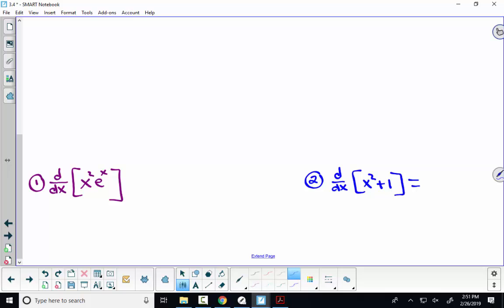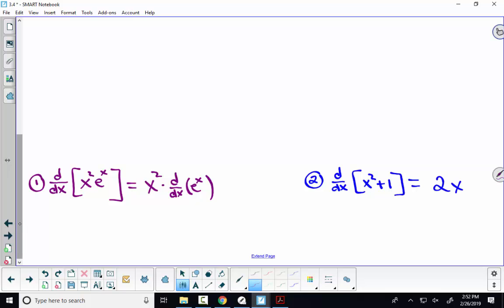2x. Now, when we look at the derivative of x squared e to the x, we have to apply a product rule. So now we're going to apply the product rule to this. It's the first times the derivative of the second. And if you could imagine if this were like x squared times e to the 5x, you would have other derivatives to compute.